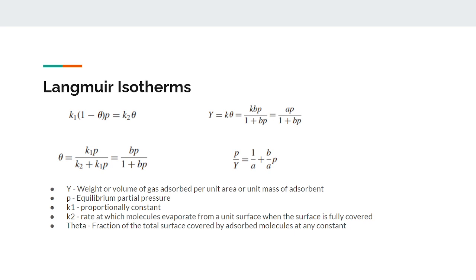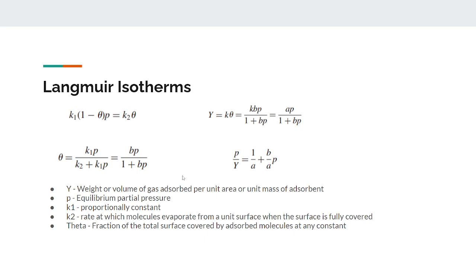So yeah, these are a bunch of different equations here, and we have some new variables here. Y is still the same. That top right equation there is probably going to be your bread and butter if you're trying to, I guess, solve a problem on this.